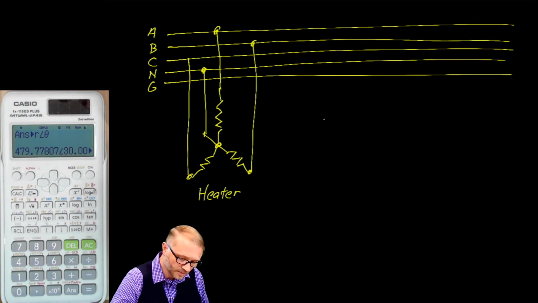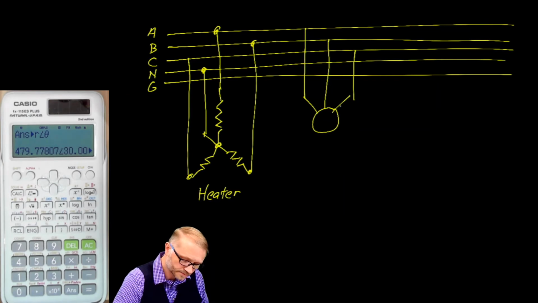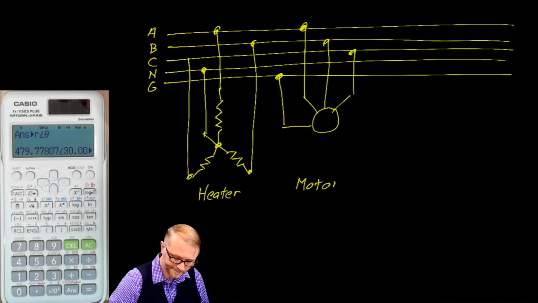Next we have our motors. So we'll show that as phase A, phase B, and phase C. There's A, B, and C. We may as well connect the safety ground to the motor. And finally, we have our power factor correction capacitors.